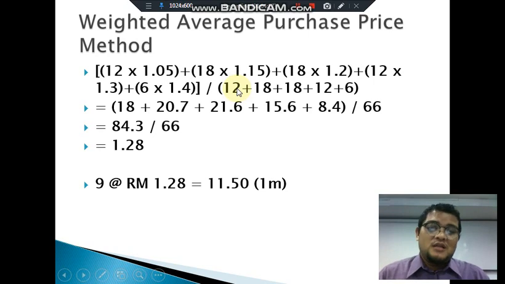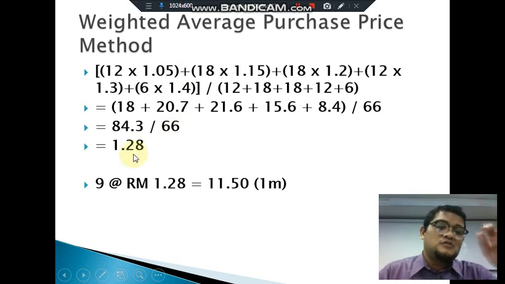So the way that we can calculate the value is we get the average price. We add up all the value of purchases and then we divide by the number of cans, so you get the average. Because you don't put dates or prices on the cans, you don't know which one to use first. You don't use the FIFO method, so that's why you use the average purchase price method.